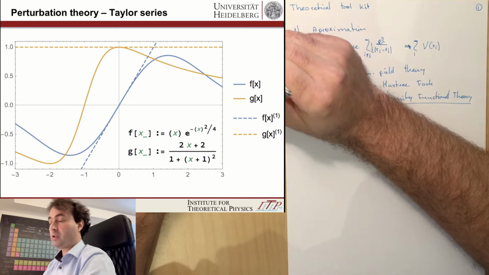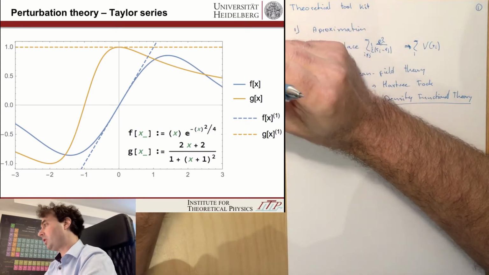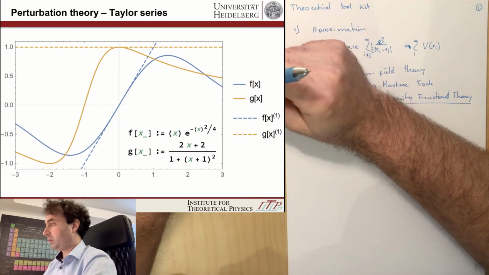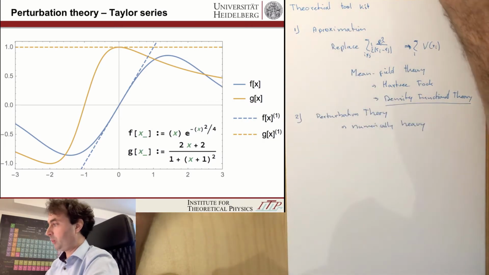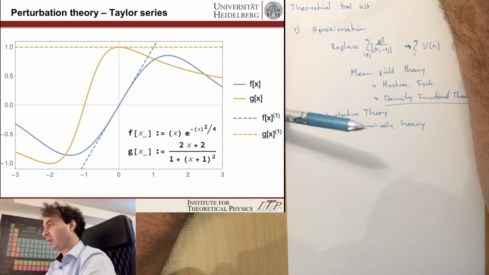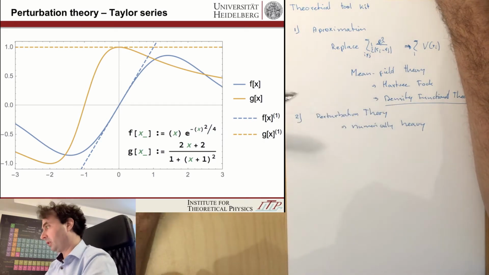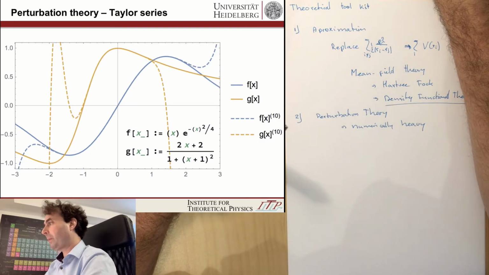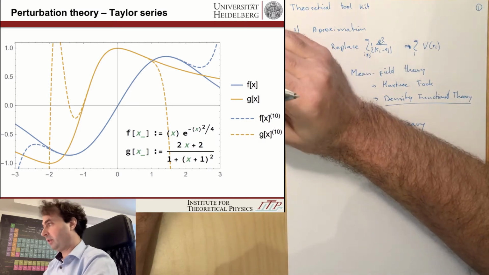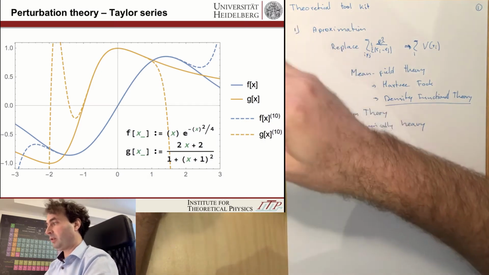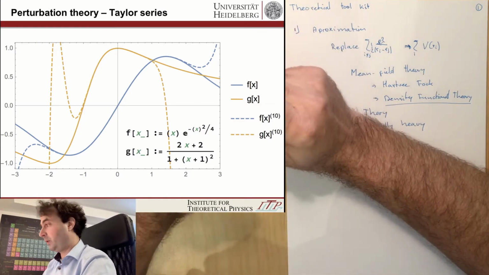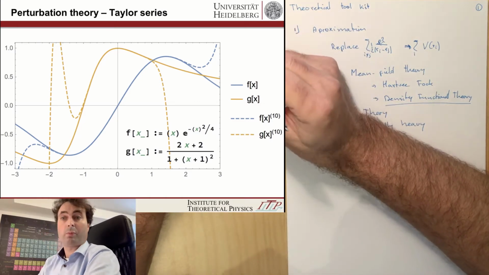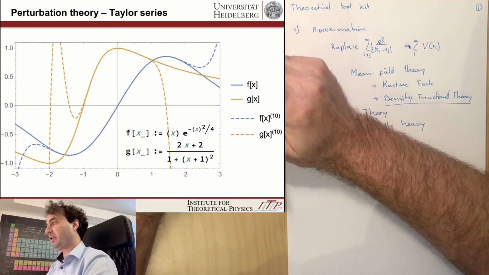The first order is just a linear approximation, which beautifully works. It's a constant for the orange line and a straight line with a slope for the blue line, all well. We can go to higher orders, and for the 10th order you see that in an interval from 0 to 1 you have very good agreement between the Taylor series, a polynomial of 10th order, and the original functions.